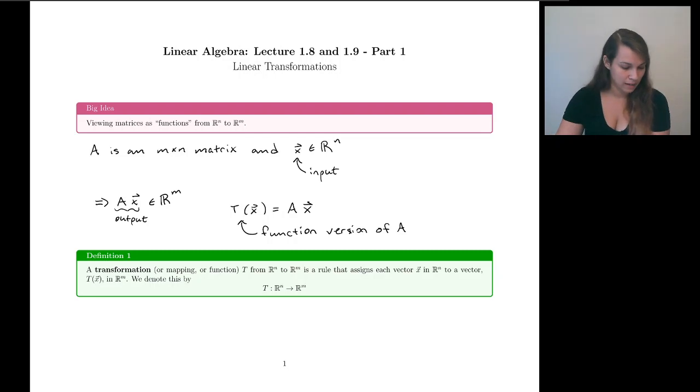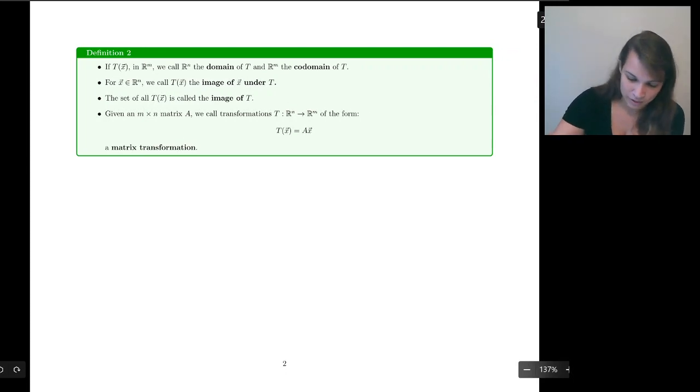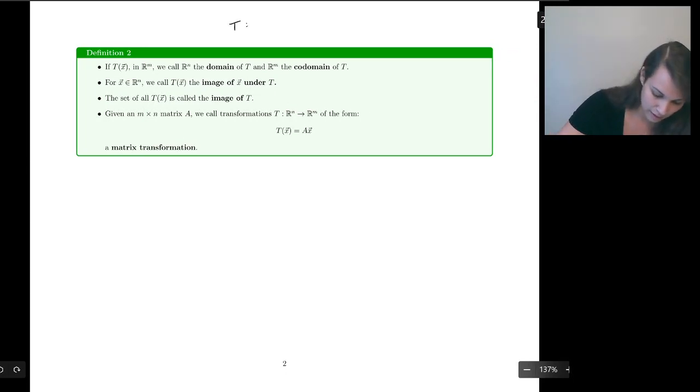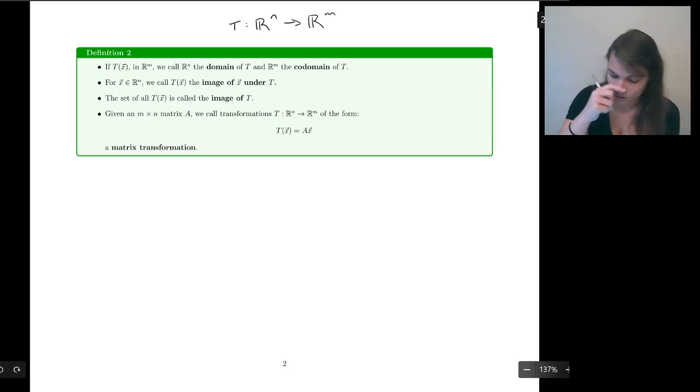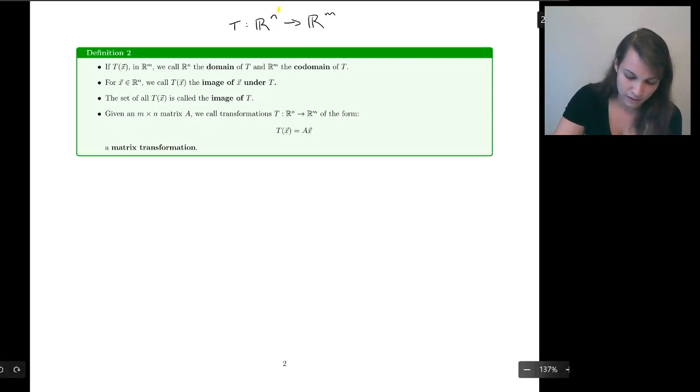Okay, and we've got some definitions to go with our function. It goes from Rn to Rm. The very first one is domain, so basically stuff that you put in.